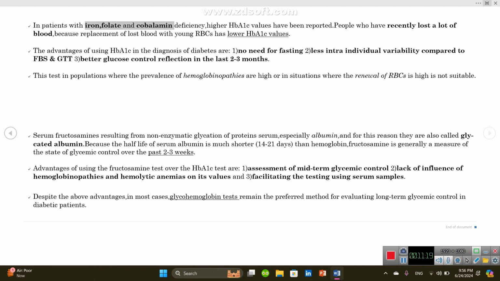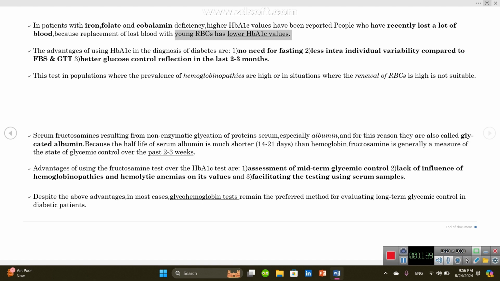Okay, with deficiency, higher HbA1c values have been reported. People who have recently lost a lot of blood have lower HbA1c values because of the replacement of lost blood with young RBCs.